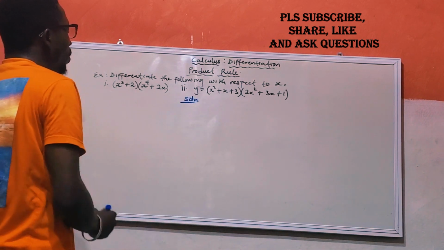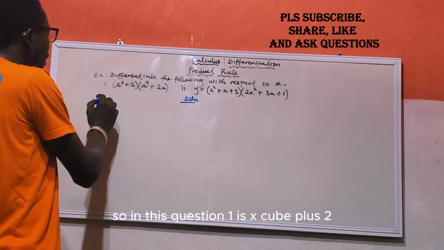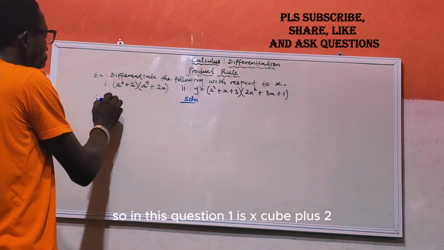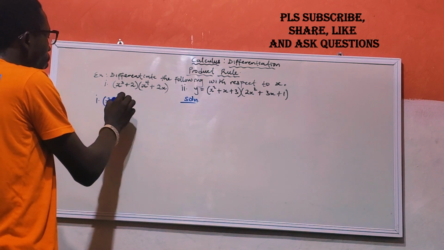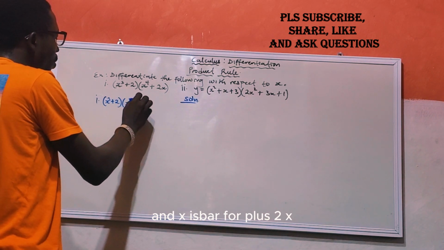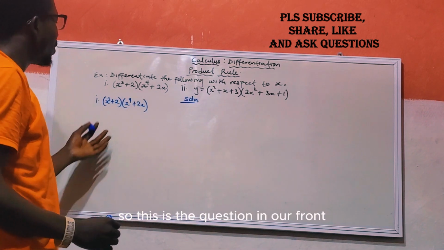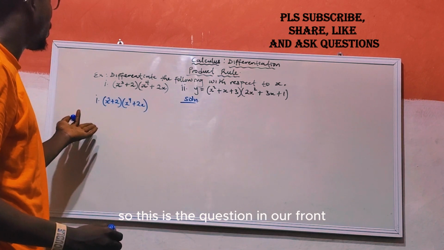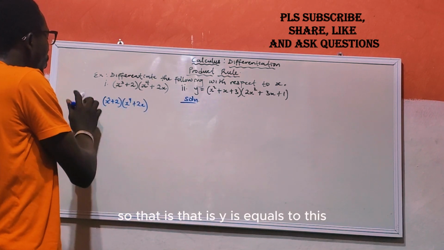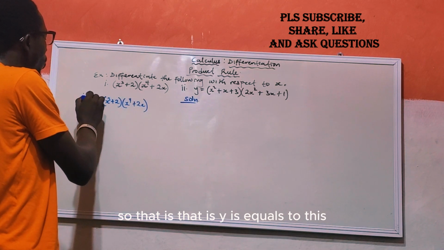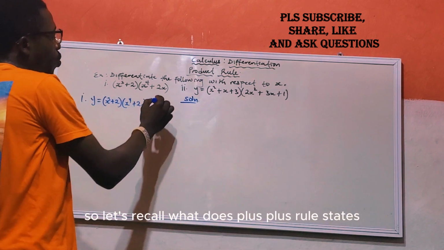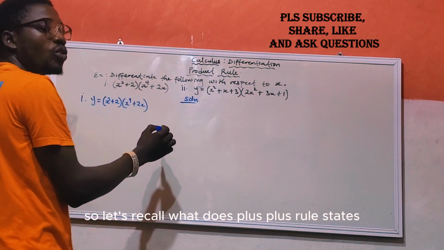Solution. Question 1 is x cubed plus 2, times x to the power 4 plus 2x. So, this is the question in front of us, y equals this. Let's recall what the product rule states.